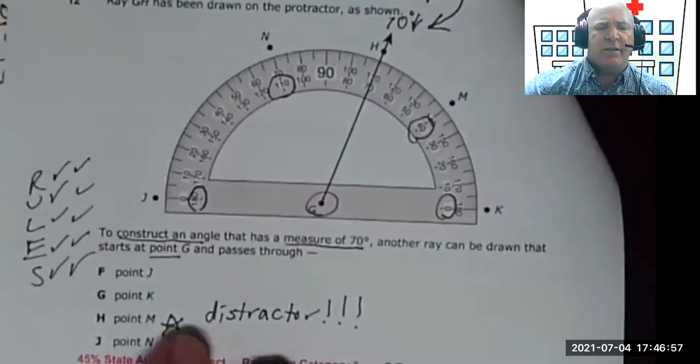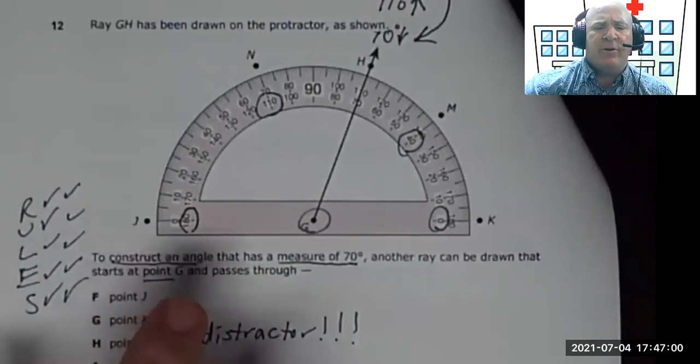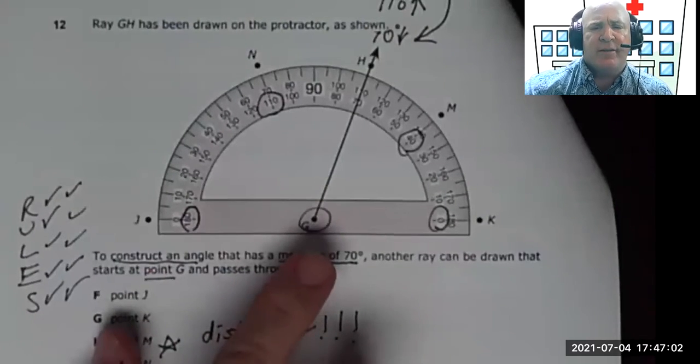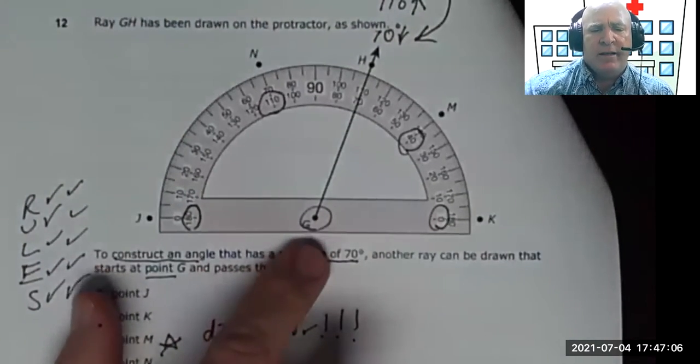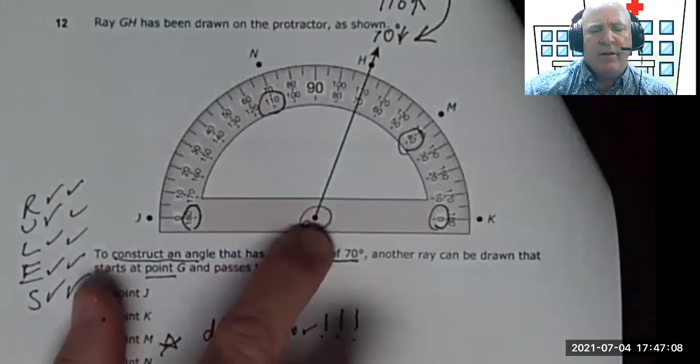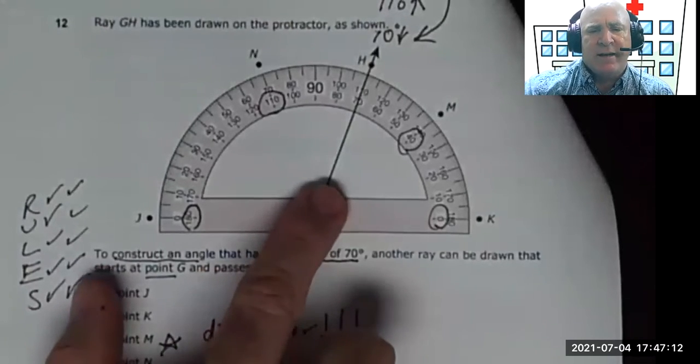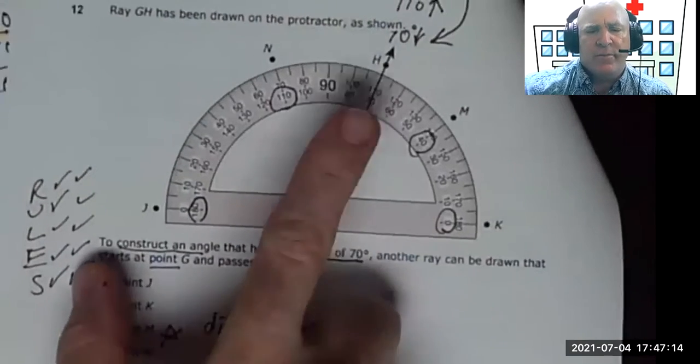The question said to construct an angle that has a measure of 70, not passes through 70, another ray that starts at point G right down here, which means we're going to use GH as one of the rays.